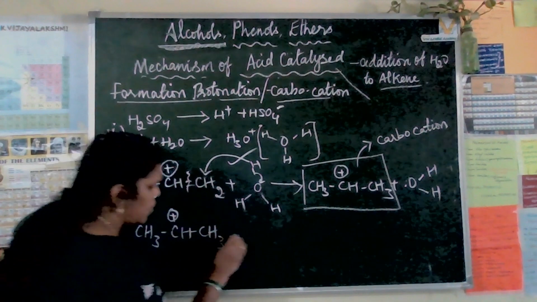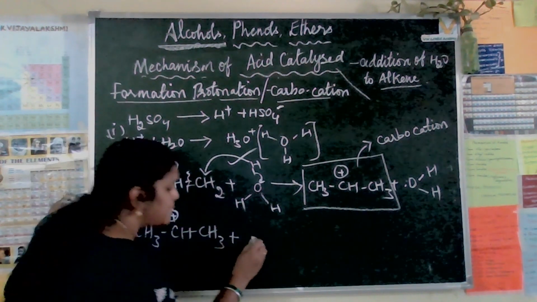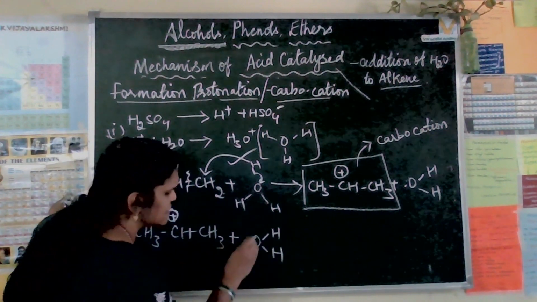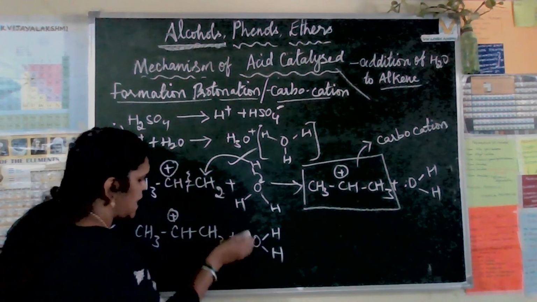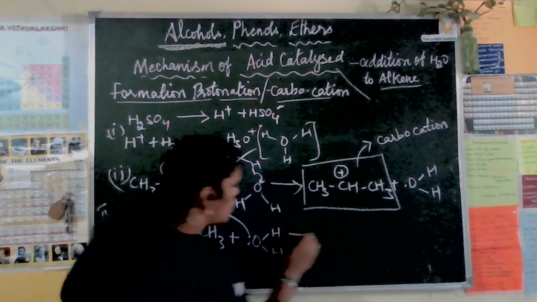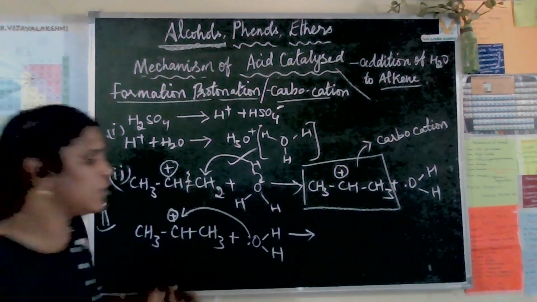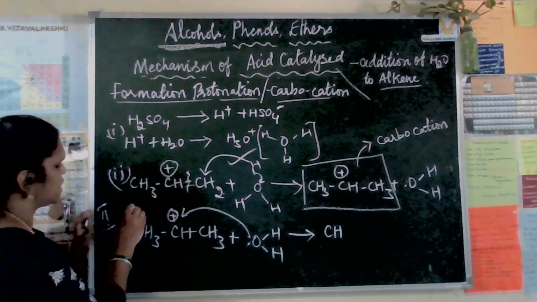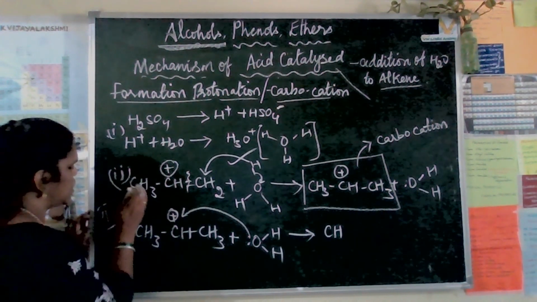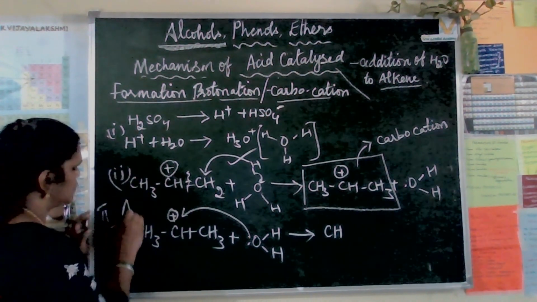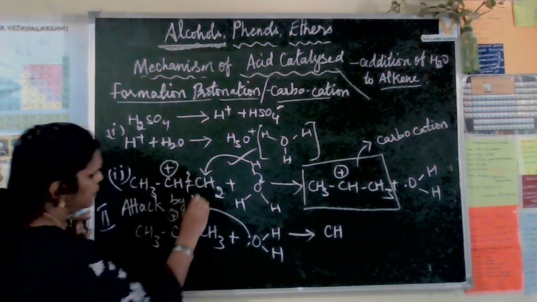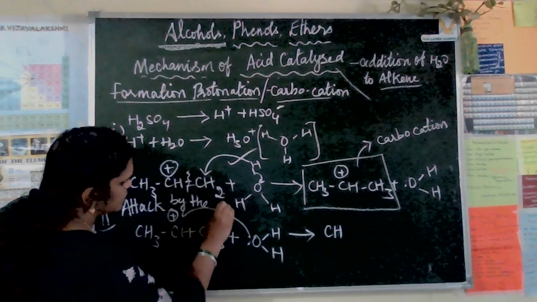So the carbocation is attacked by the nucleophile, water. This attacks the carbocation, and you are getting protonated alcohol. What is it? Protonated alcohol. So the second step is attack by the nucleophile.